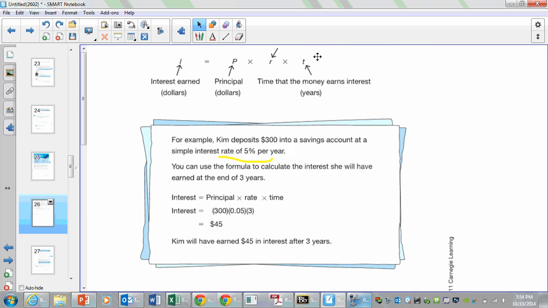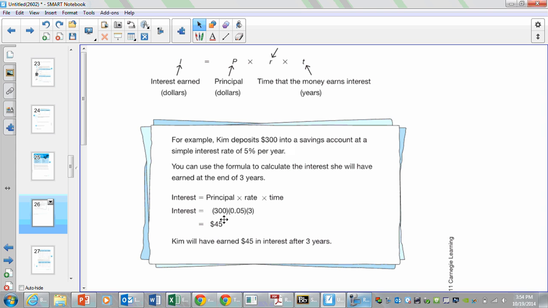Down here in this problem, it says that Kim deposits $300 into a savings account, simple interest rate of 5% per year. They want us to figure out the interest she is going to have after 3 years. So this 3 years is going to be our time. The rate is going to be our 5%, and remember, you need to convert your percents into decimals, so like they did here, it's 0.05.